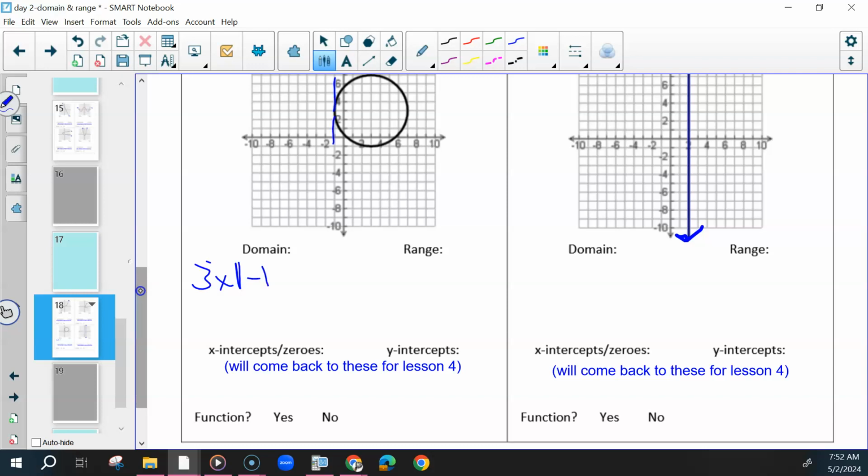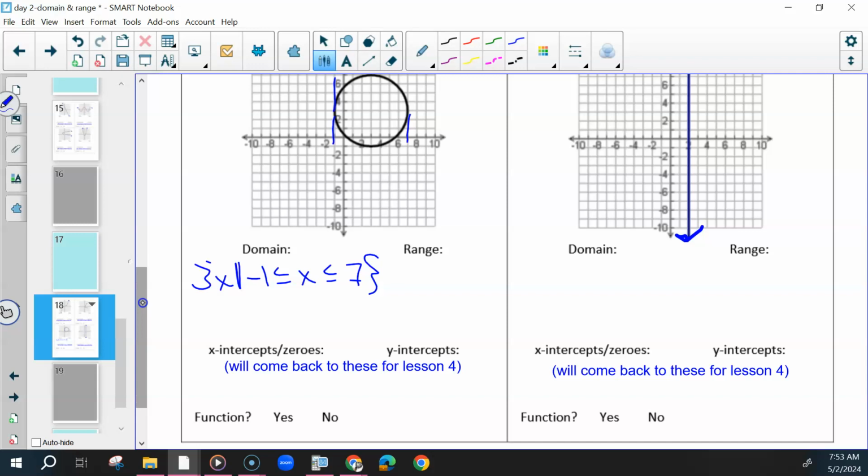And then how would I continue to write this? We're missing something. x. Good.